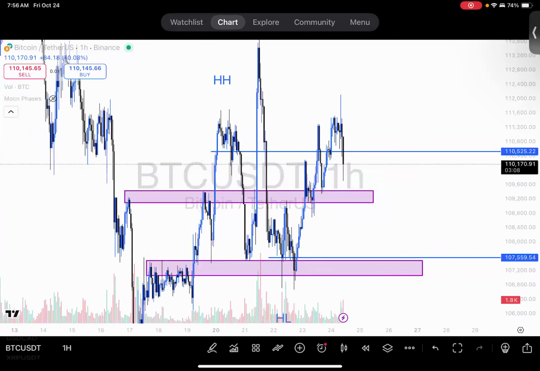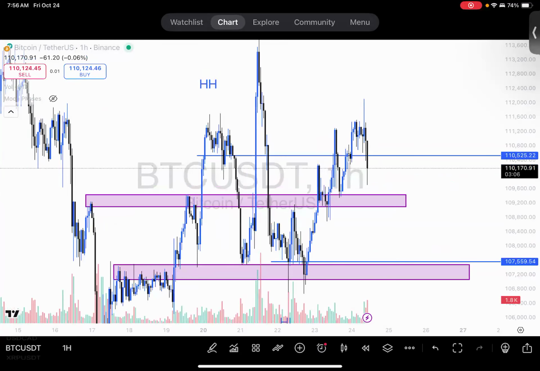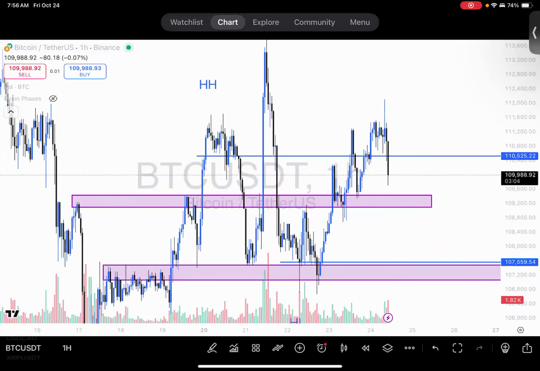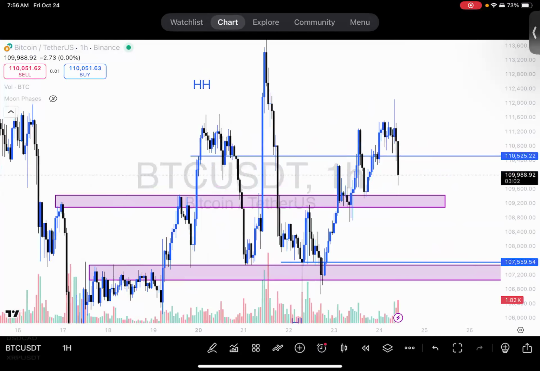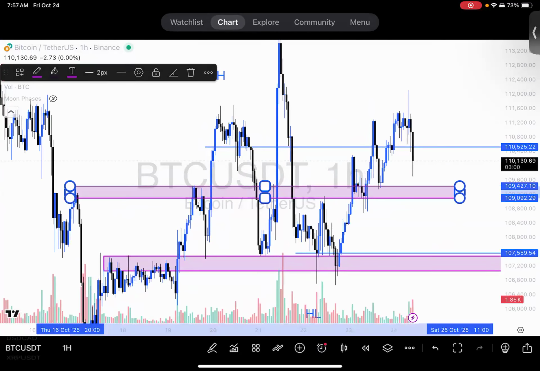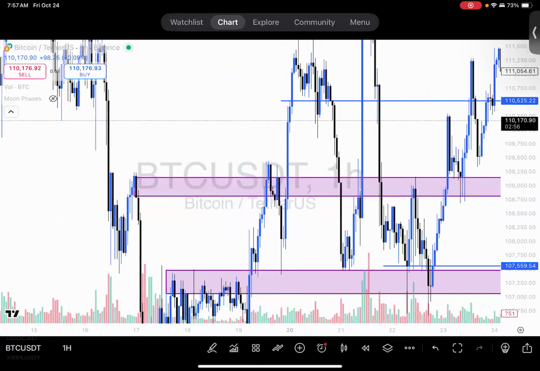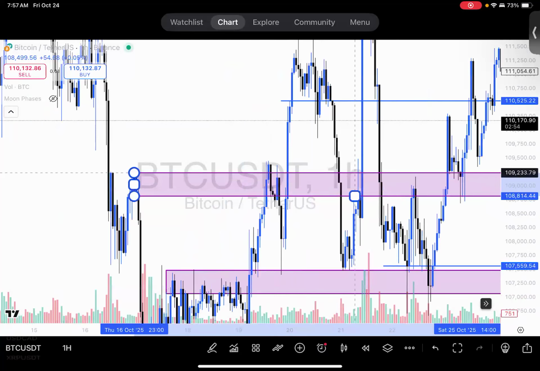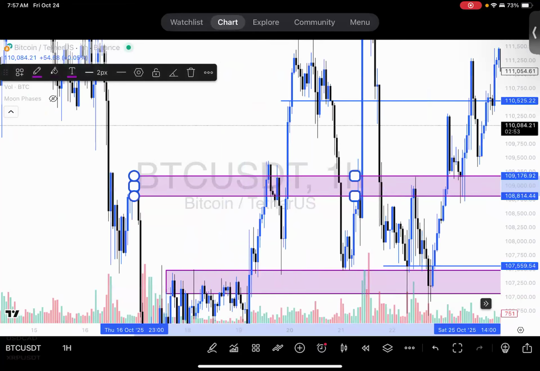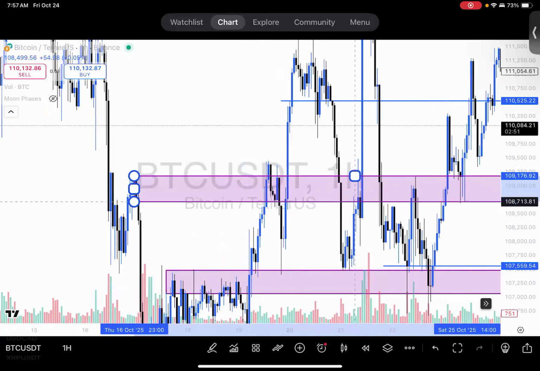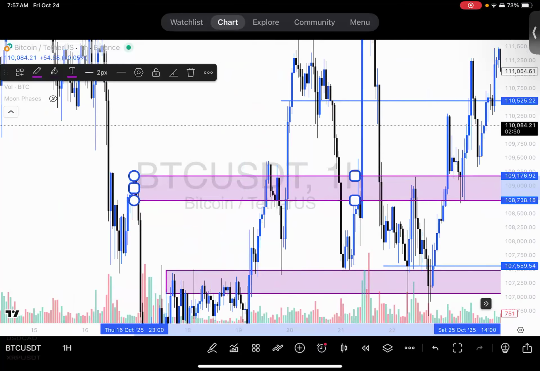So now I want to look for a candle that's going to be my zone inside of this area. Right, which candle do we want to use? I want to use this one here, which we'll mark up with an arrow.